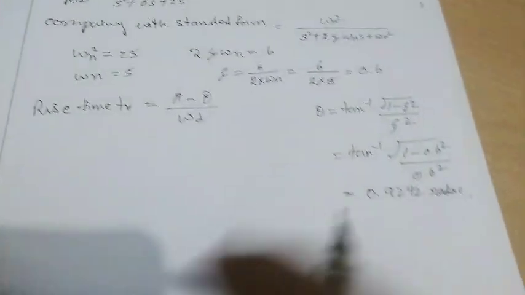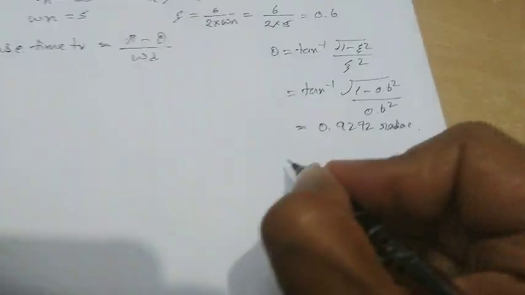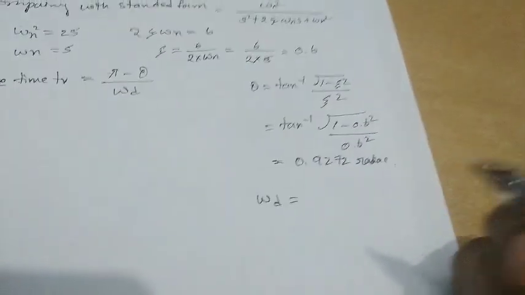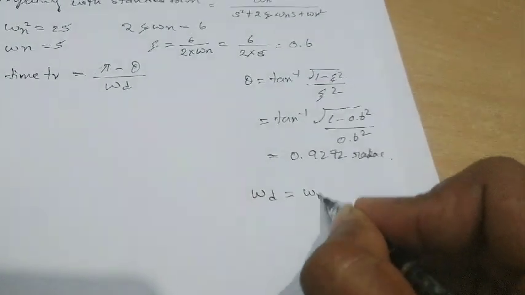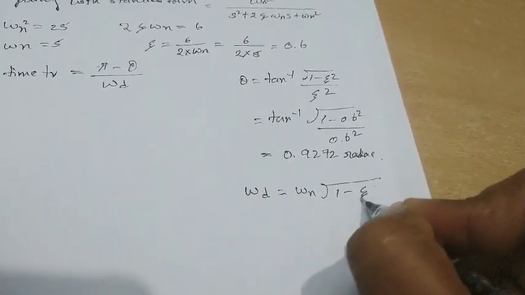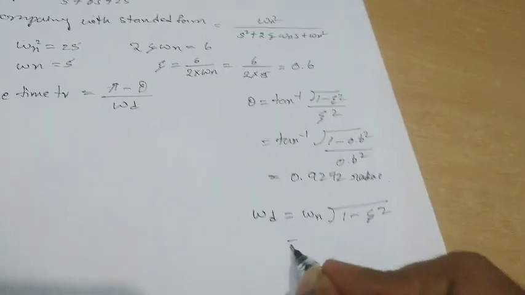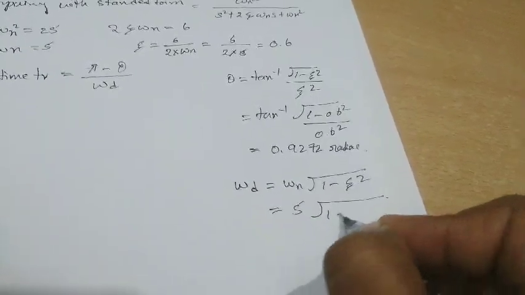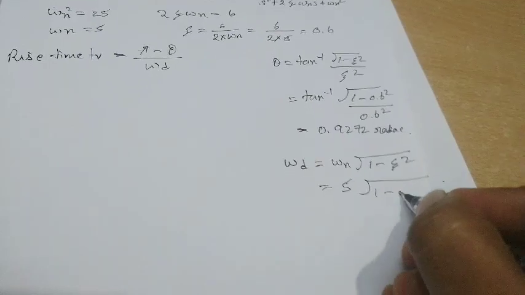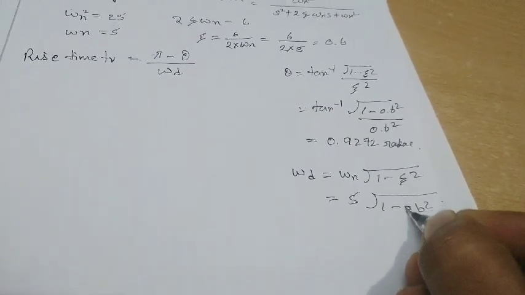So you know the pi value. Next, what is omega d? Omega d is the damping frequency of oscillations, which is given by omega n under root 1 minus zeta square. So omega n is 5, under root 1 minus 0.6 whole square.